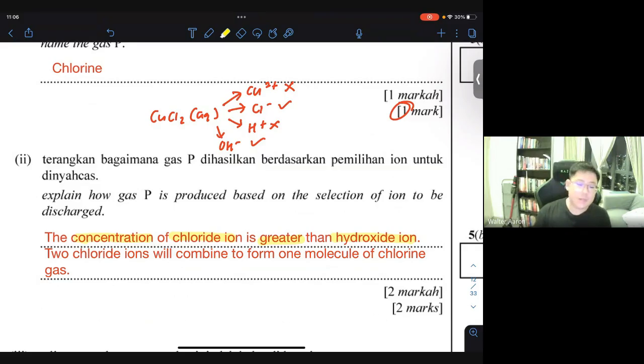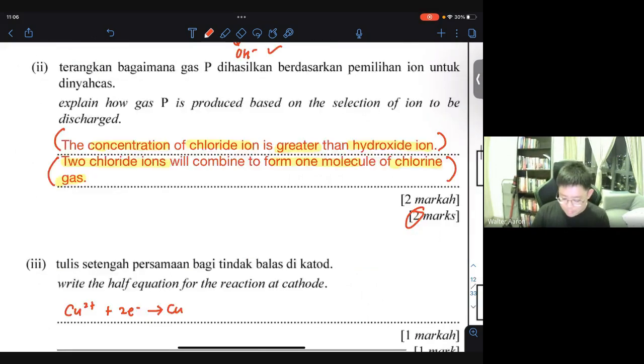How is the gas produced? Two chloride ions combine to release electrons and form one molecule of chlorine gas. If you state this on top here, you get 1 mark. Explain how this gas is formed, you get another mark. So in total, you get 2 marks.